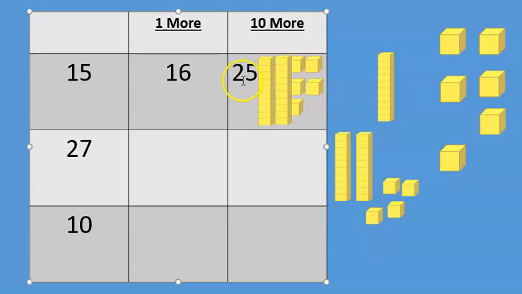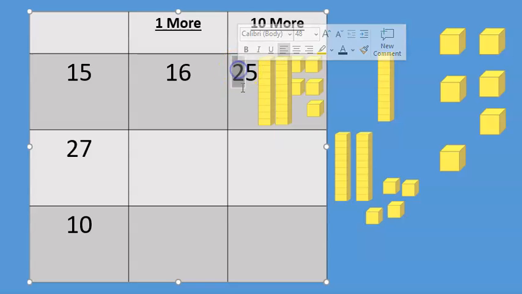Look at that. That's true. That's correct. 15, and if you put 10 more to 15, you're going to have 25 because that's what we have here. We drew it out right here with these cubes and a tens place block. Now let's count again. Count with Mr. Begay because remember, this 2 represents the tens place.